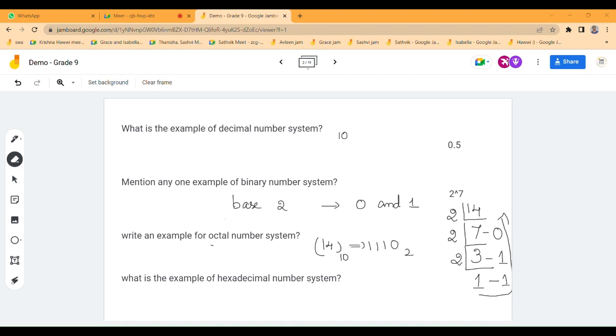I'll give you one example. Just try. 25. Try to solve this.